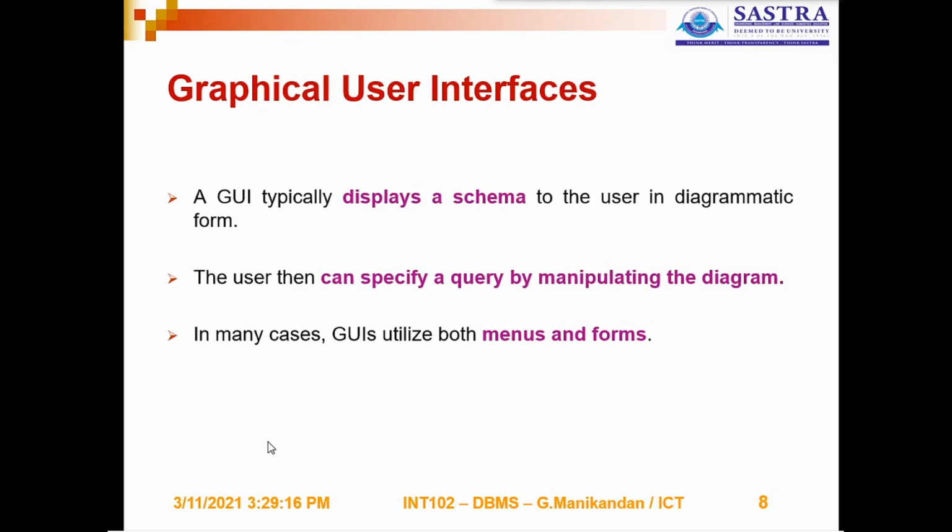Like that, with respect to the graphical user interface, you can represent the entire database schema in the form of a diagram. Your entire database schema will be displayed as a diagram, and the user can simply select an option by interacting with the diagram.